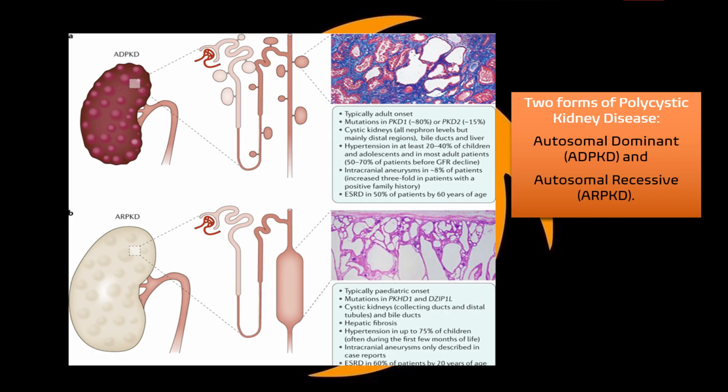In this overview, I thought I'd take this opportunity to provide a basis between the differences between autosomal dominant polycystic kidney disease and autosomal recessive polycystic kidney disease, or ARPKD. So in ADPKD, it's typically an adult onset.